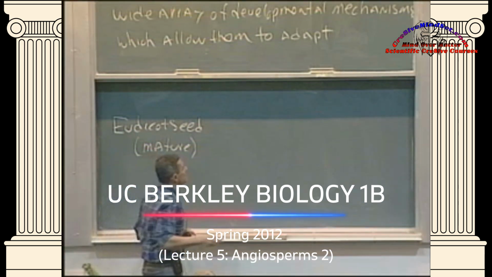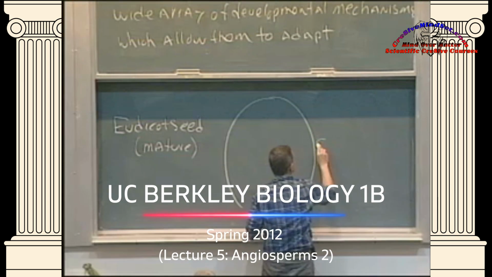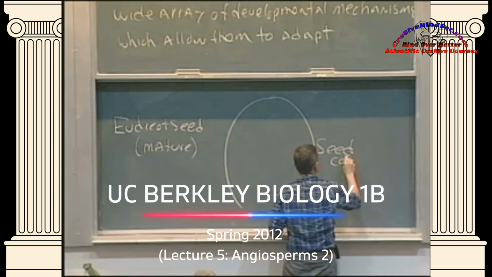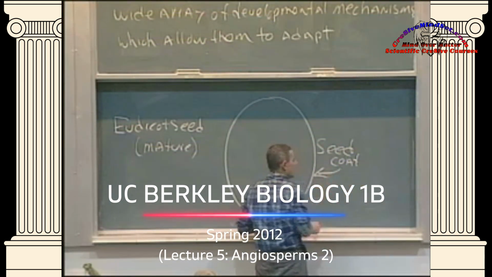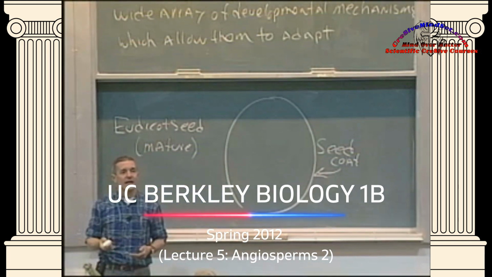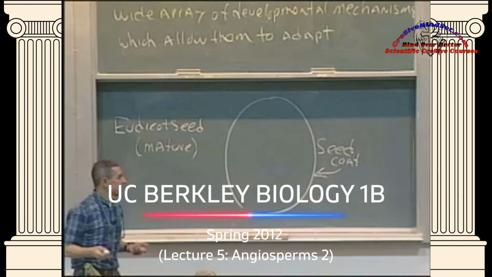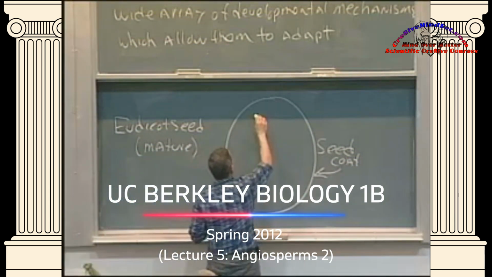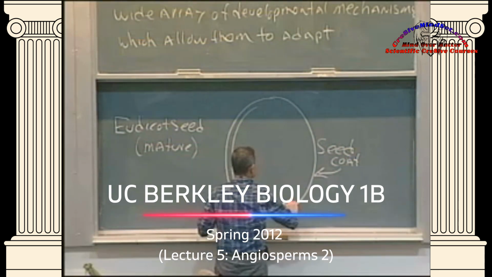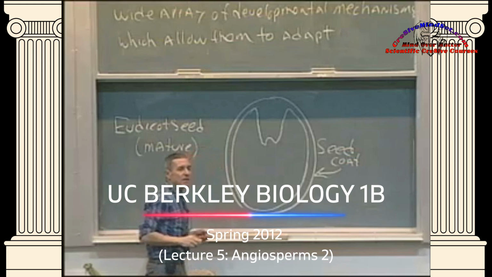So we're going to take that seed that I drew, make the seed coat on the outside. If we were to look at this seed, you recall the seed originally had inside of it an embryo and a mass of endosperm. In the typical eudicot seed, the embryo fills much of the seed.